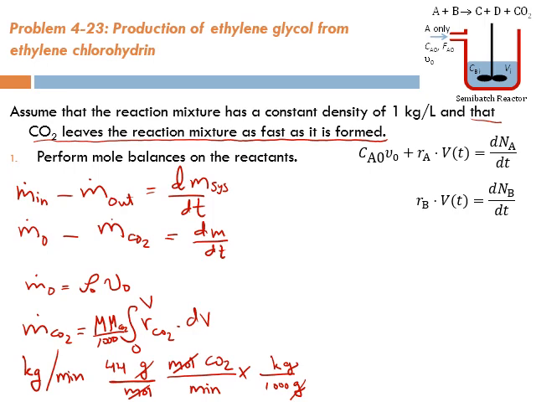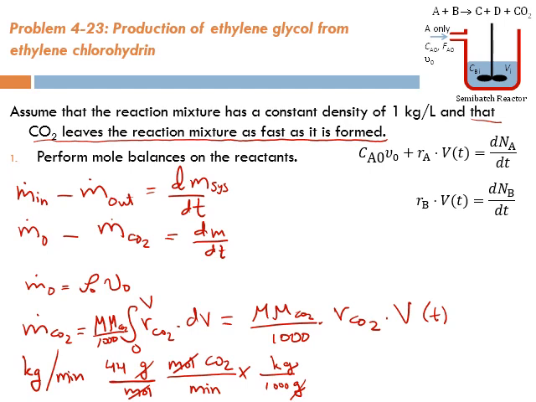Okay, so now we have the molar mass of CO2 divided by 1000, multiplied by R CO2, because R CO2 is not a function of volume, since the reaction mixture will mix, so it goes outside, times volume, which is also a function of t.